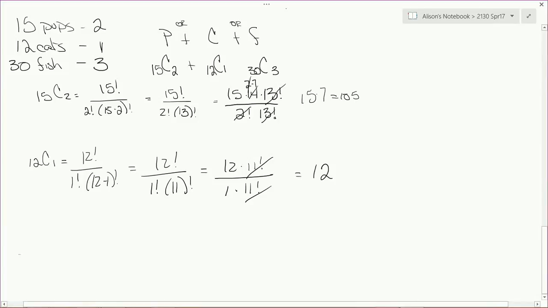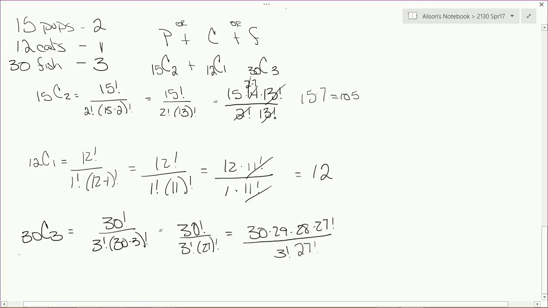And finally, the last one is the fish. I'm going to choose 3 of the families will choose fish. That becomes 30 factorial over 3 factorial, 30 minus 3, which is going to give me 27 factorial. If I simplify that down, those 27 factorials go away. This is actually 3 times 2.